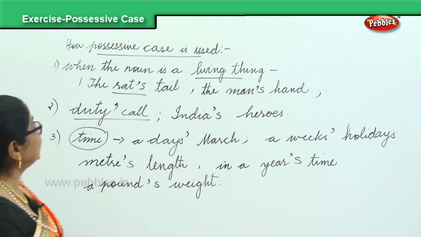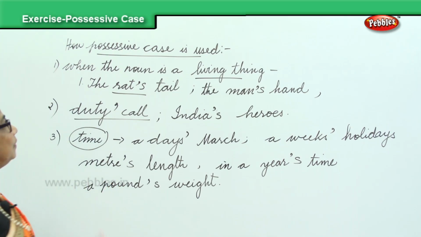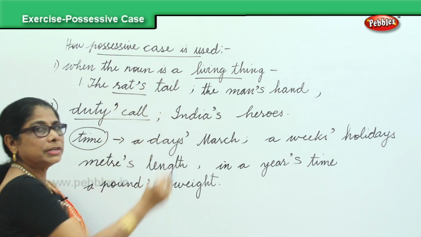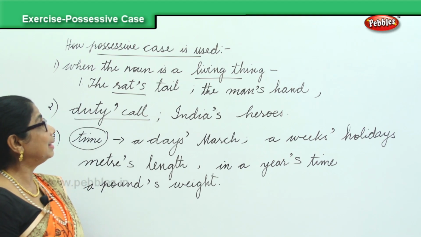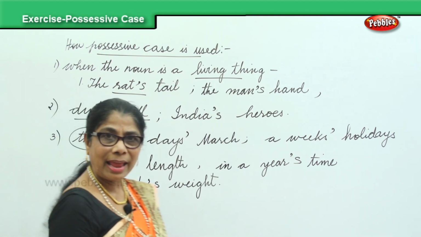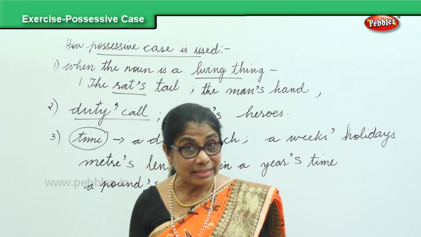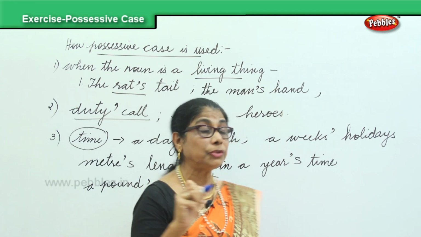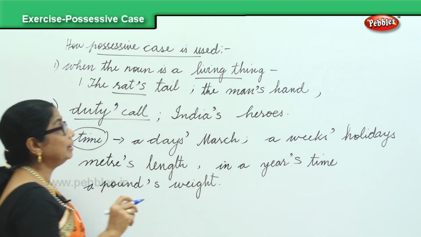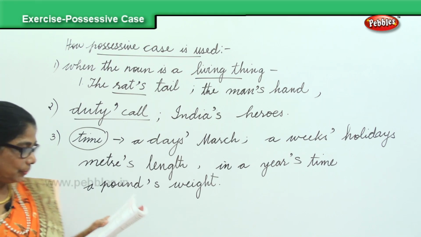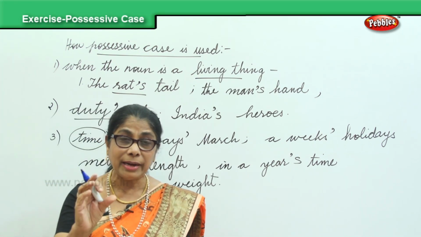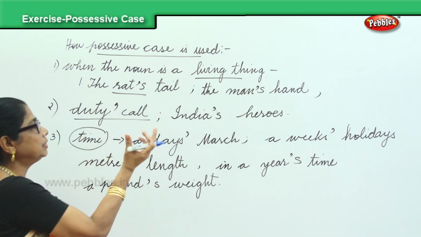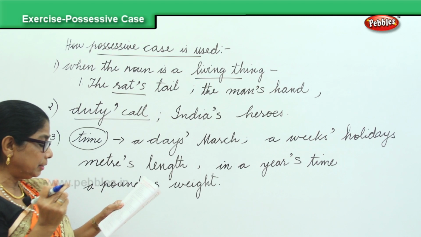Now, in the first case, if the noun is a living thing, then you write the apostrophe after the noun. The rat's tail, the man's hand, the baby's ear, or you can say mummy's nose, whatever. In the second case, when you're talking about personified things, like duty, work you do, you say duty's call.